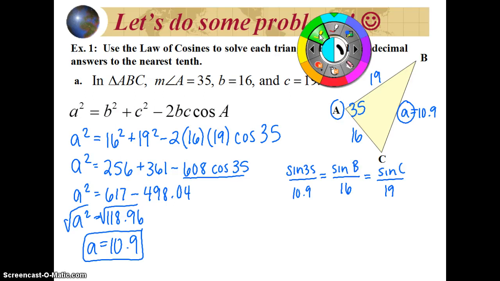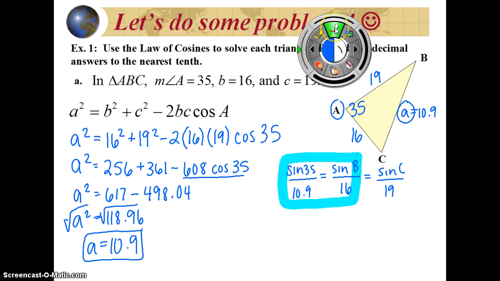So you could set the first 2 equal right here. Then you would cross multiply, you would get 16 times the sine of 35 is equal to 10.9 times the sine of B. We divide by 10.9.